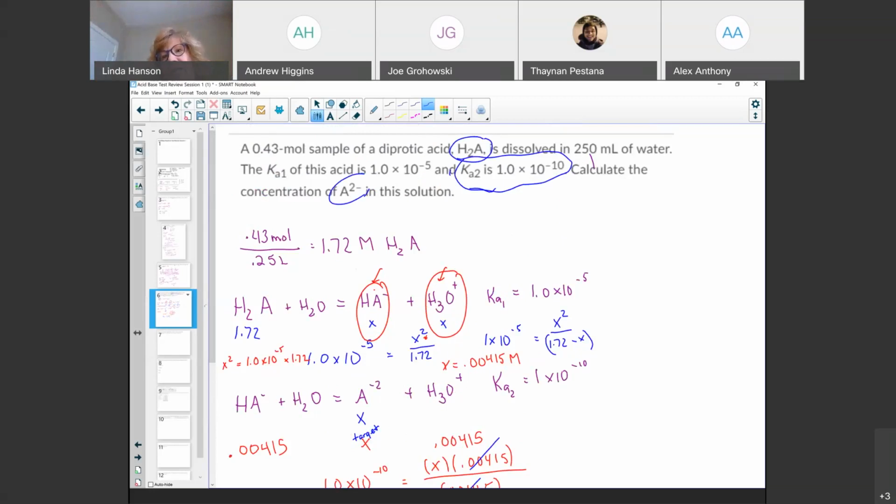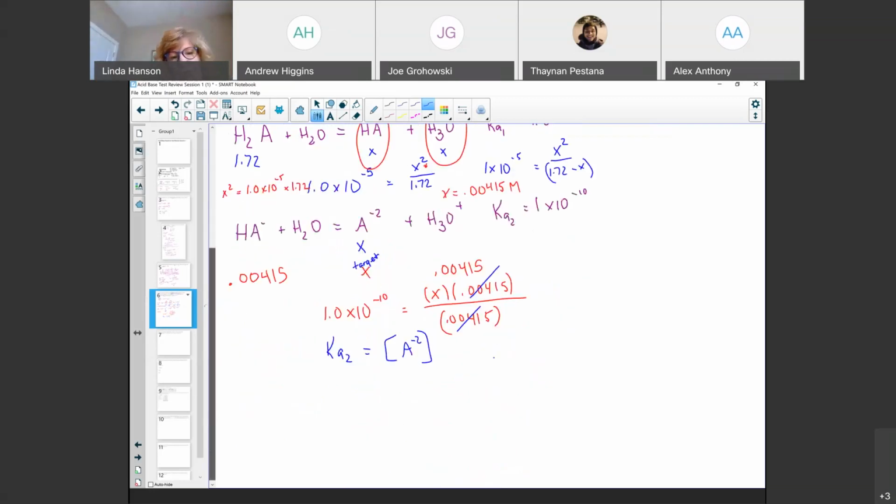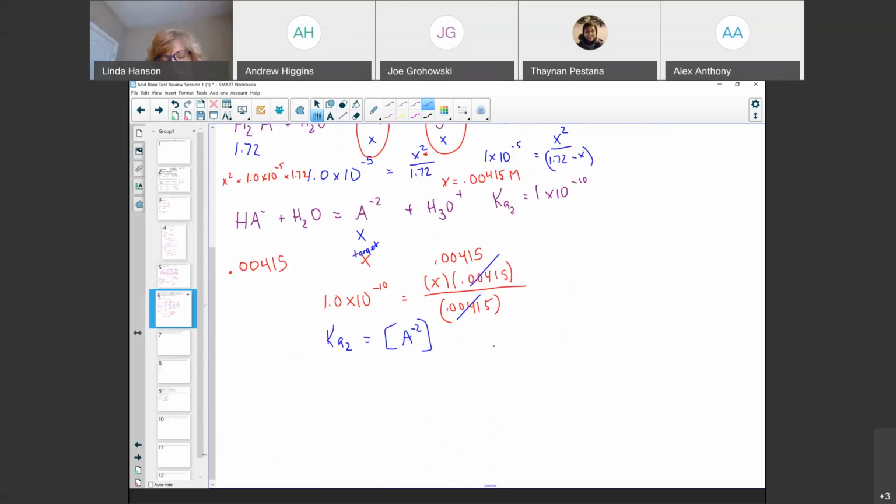I just proved it to myself by doing a two-step ionization problem, but that will always hold true. In a diprotic ionization, Ka2 will equal the anion in that second removal. What do you think about that? Any questions, comments on that problem?